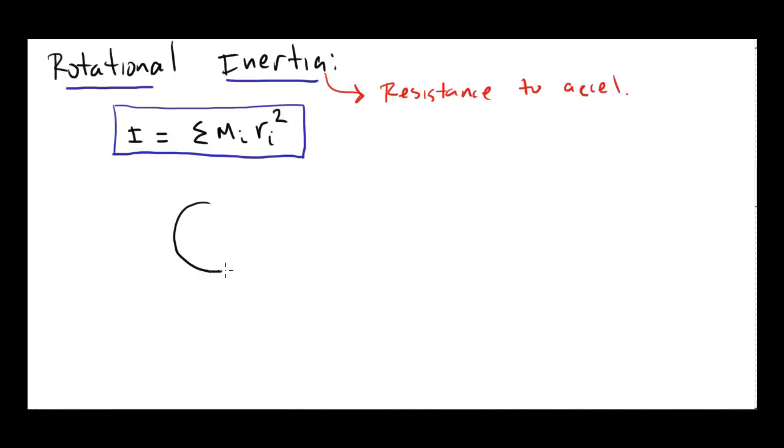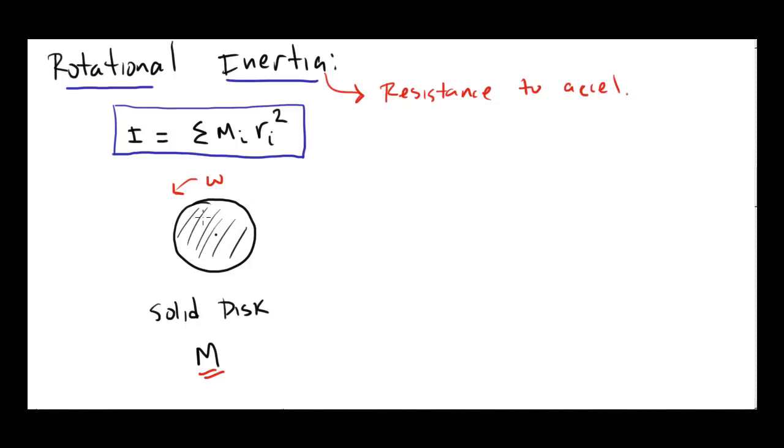I've got a spinning disk, and this is going to be a solid disk of mass m. We're going to try to spin this thing, give it some sort of omega in this direction. And of course, because it has mass m, it's going to have some inertia. It's going to require some effort to get this thing spinning.